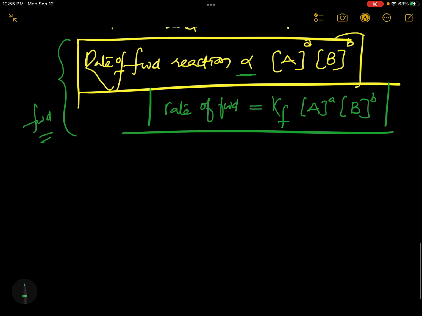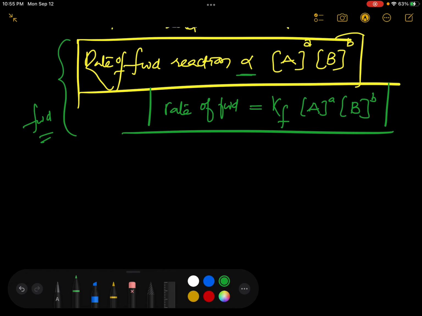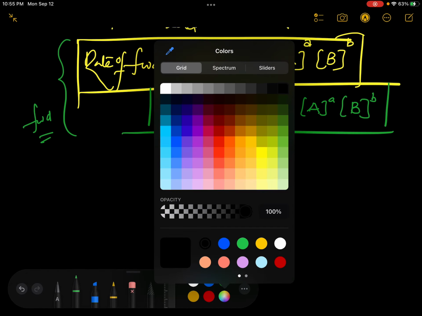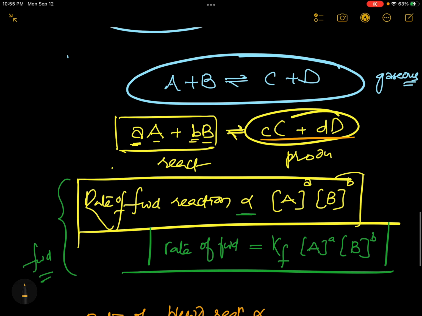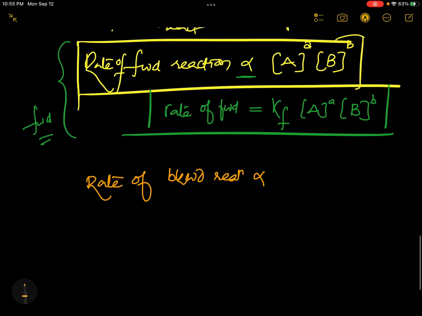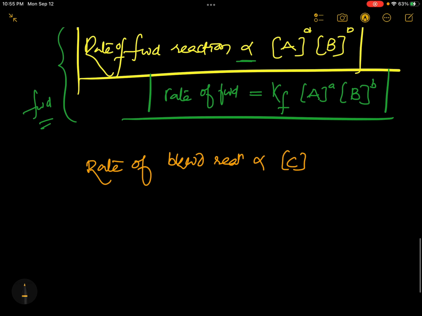Next, the rate of backward reaction is directly proportional to the concentrations of the products, [C]^c and [D]^d. When square brackets are there, this is concentration. So it equals Kb [C]^c [D]^d.